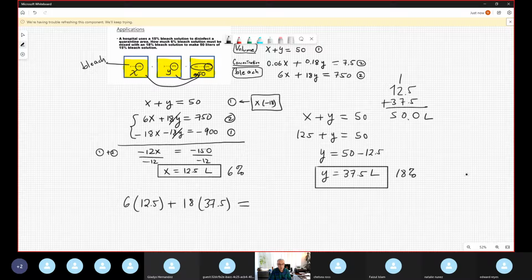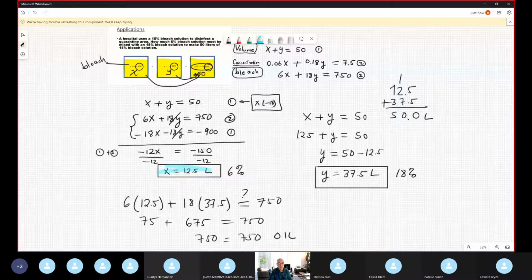It should be, I claim this statement, 750, no? Putting it in the calculator, this is 75, and this is 675, which equals 750, and 750 equals 750. It's okay, and our answer is perfect. This answer is correct.